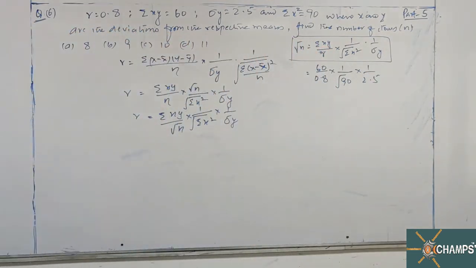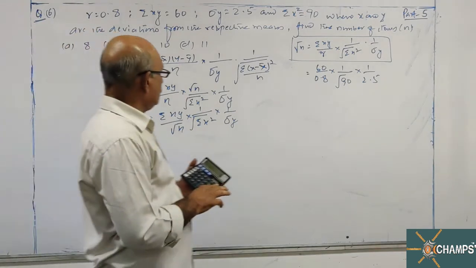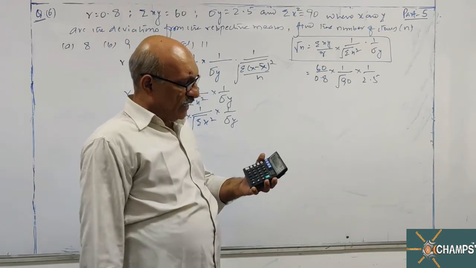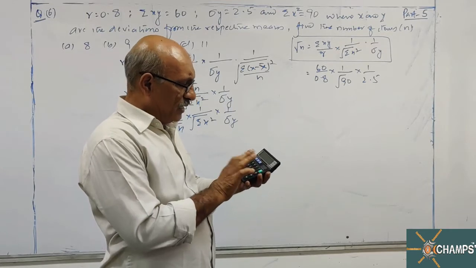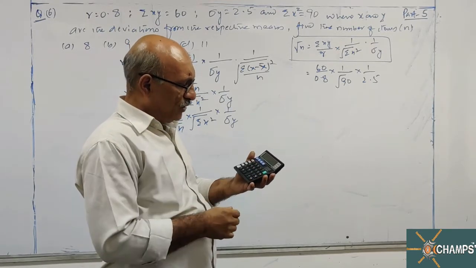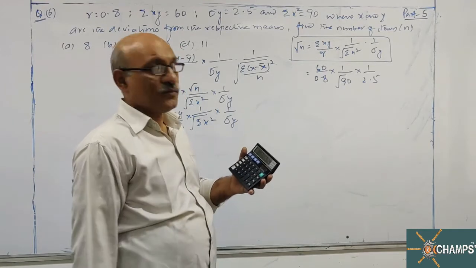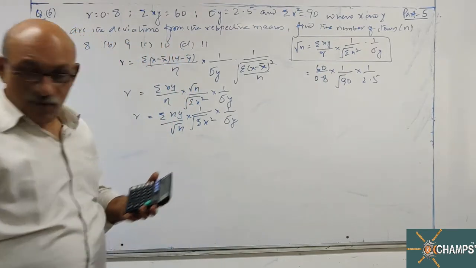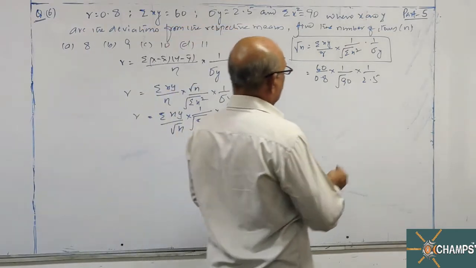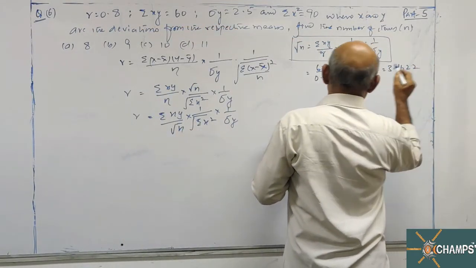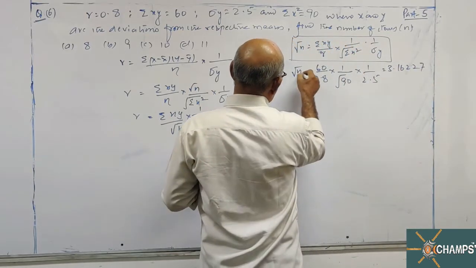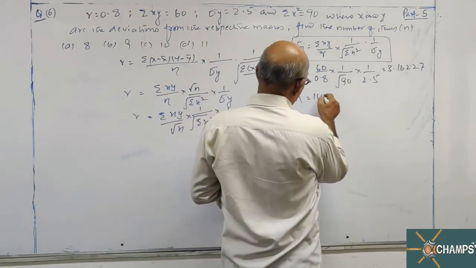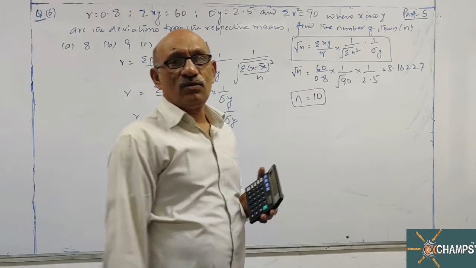Now let us see this. 90 under root multiplied with 2.5 multiplied with 0.8 is equal to the resulting value stored in the memory; 60 divided by MR C. This is 3.16227 under root, so n is equal to 10.